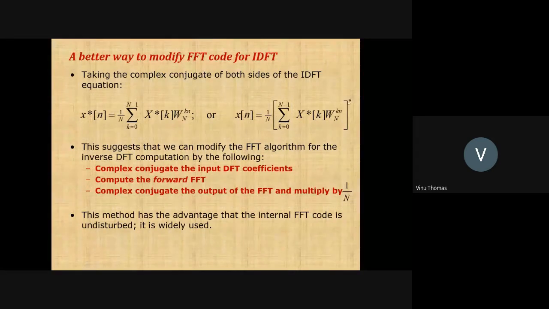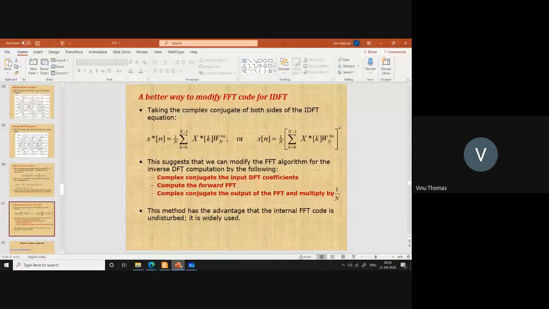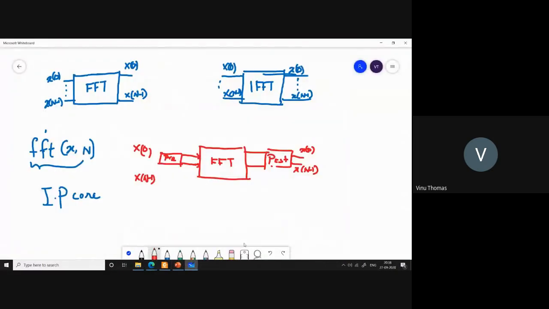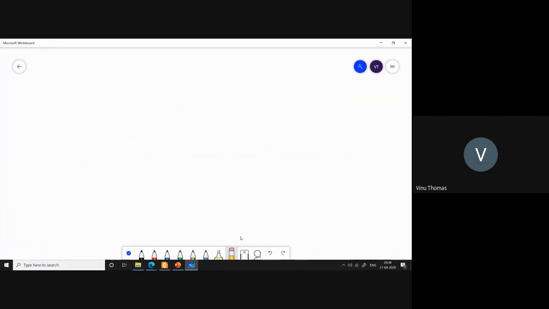Then conjugate the FFT output and multiply by 1 by n. So the internal code of the FFT structure is not changed. Let us go back to the whiteboard and see how this is implemented. Once you see it, you will see that you don't have to touch the internal code.